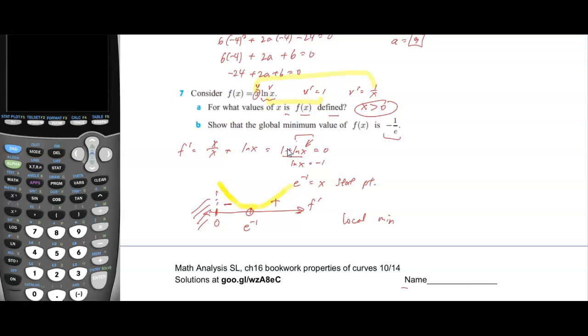Well, in order to figure out if there are any minimum points that are lower than the local minimum, all we need to do is check the endpoints. So we would just check here, and there are no endpoints on the right side because it goes on forever. And apparently from this sketch, we can see that the left side endpoint is going to be at a higher point than this region here because of the slope here. So yes, global minimum at -1 over e.